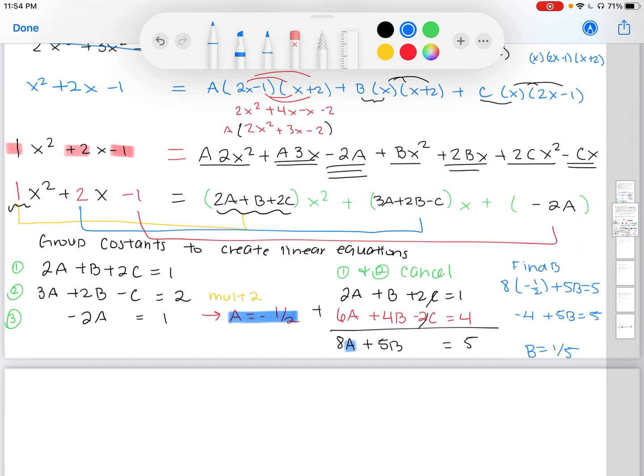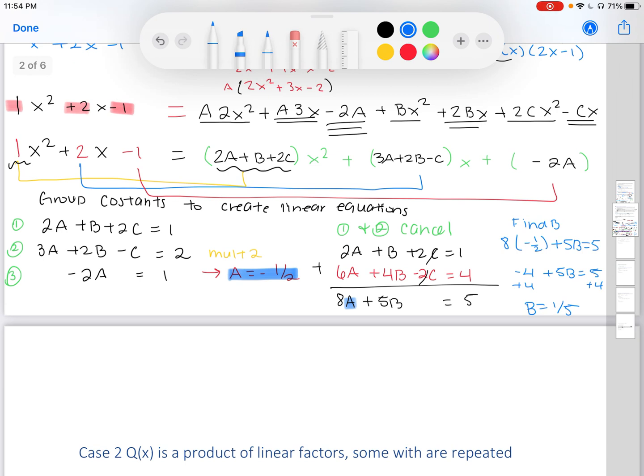But working this out here, I see that we're getting 9/5. So as you're working this problem out, keep an eye out for a slight algebra mistake, since I think there's a possibility of one. All right, so B is supposed to be 1/5.